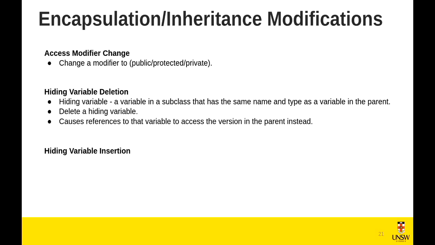And we can also try to insert hiding variables. You can see most of the mutation operators have a mirror of one another. For deletion, we can also do insertion. So we can insert a hiding variable into a child class or subclass.